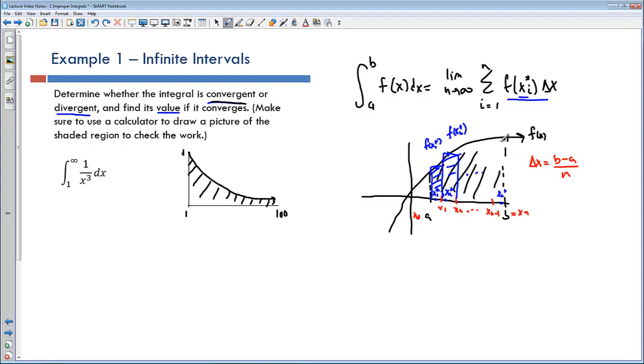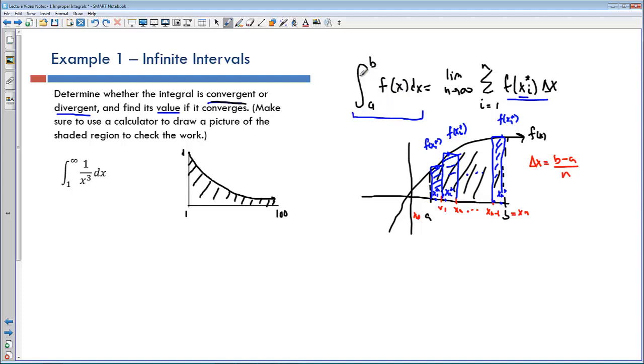You get the height up here, this is f of x sub n star. When you add those all up, you get an approximation to the area. And if you let n go to infinity, that approximation will give you the area. That's what this is asking for: the area underneath the curve f of x between a and b.